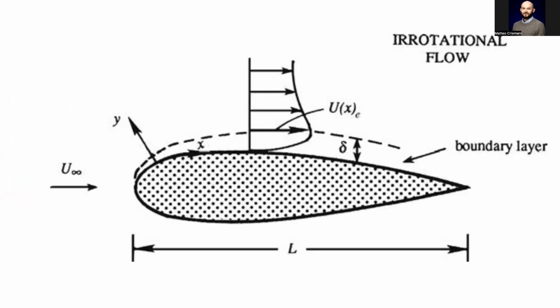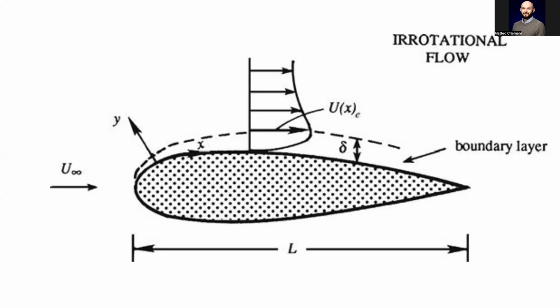Okay. So this is still an irrotational flow. You have U at infinity, which means that you have totally parallel lines coming in from the left-hand side of this image. That's the same, of course, as the air being still and the wing flying to the left, right?